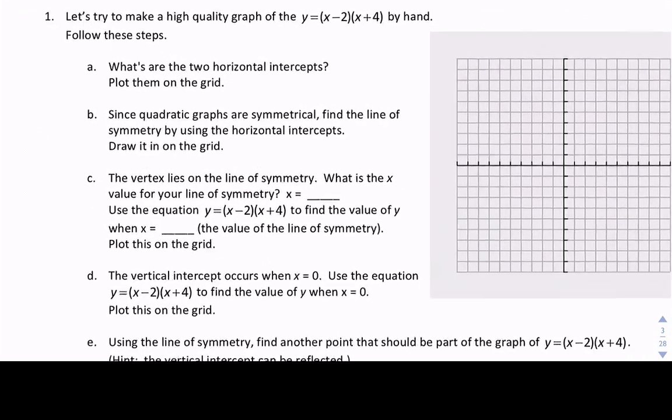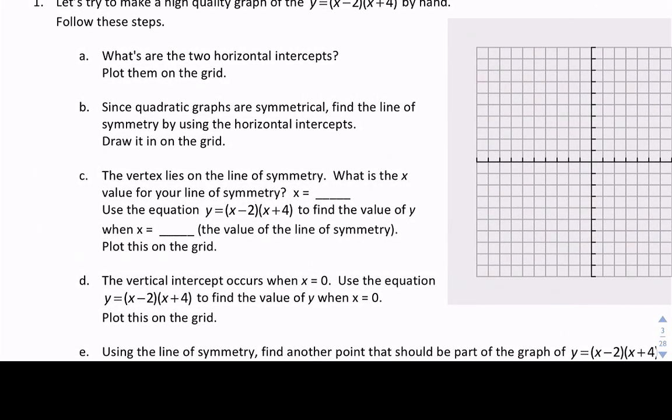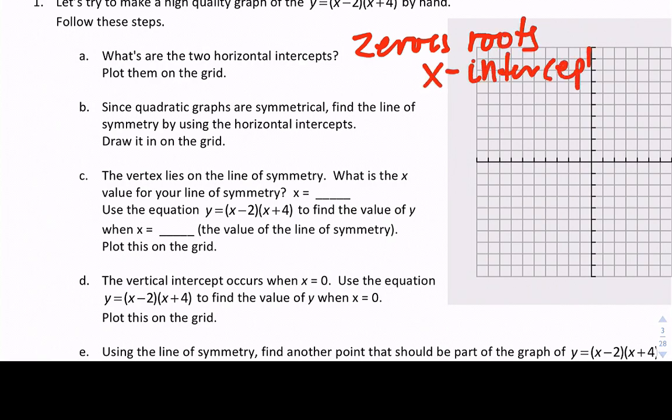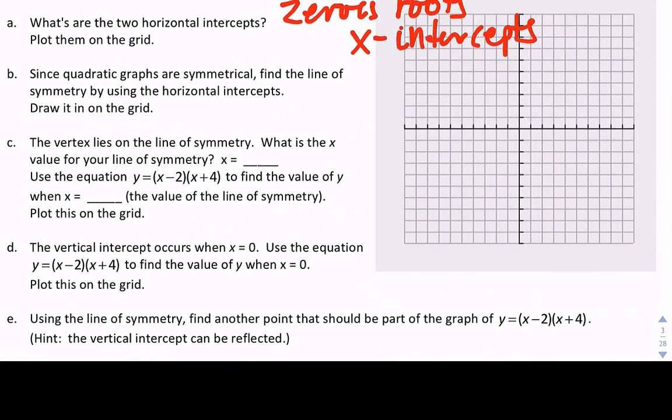Okay, so first step, if you have an equation that's factored, the first step is to find the zeros, the horizontal intercepts. Those are called many things. They're called the zeros, they're called the roots, they're called the x-intercepts, and they are when y equals 0, they're going to be along this line right here.